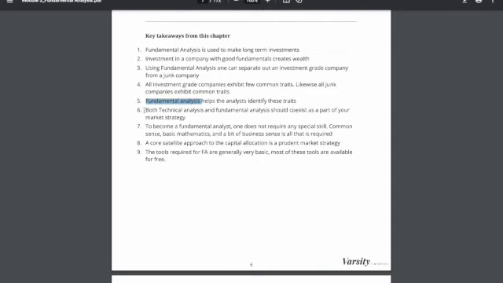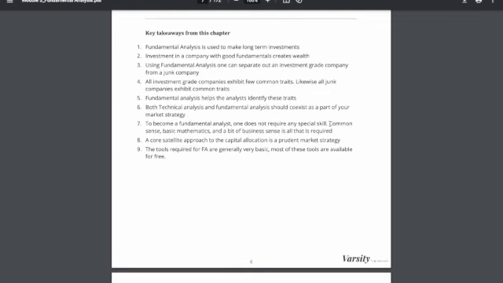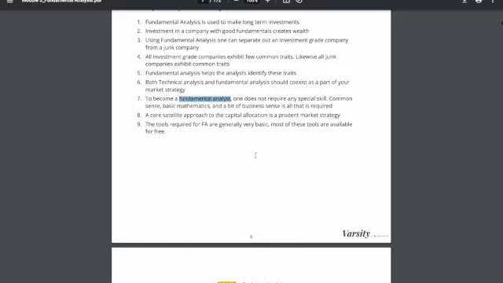So sixth key takeaway, both technical analysis and fundamental analysis, so being a discretionary trader, should coexist as part of your market strategy. So with a bit of common sense, basic mathematics, and a bit of business sense, that's all that is needed to become a fundamental analyst.